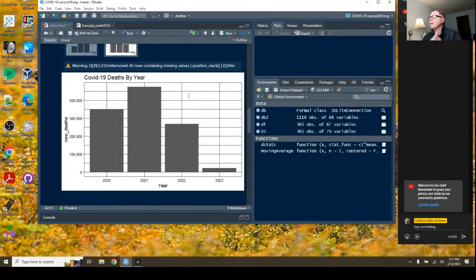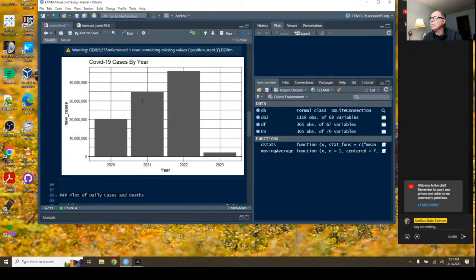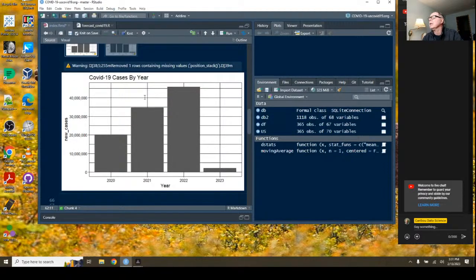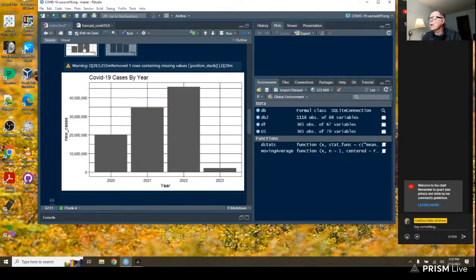Okay, now this is very interesting. You have all four years. Unfortunately, deaths in 2022 are the lowest out of the previous three years since day one. For the third year in a row, cases actually saw an increase.